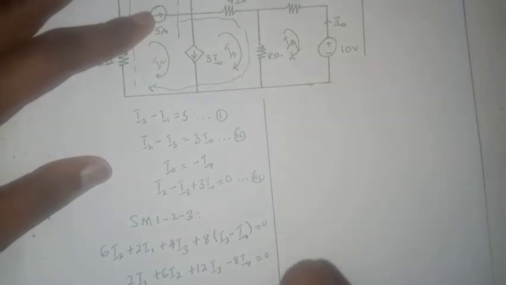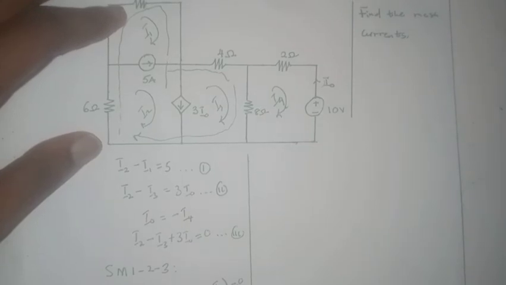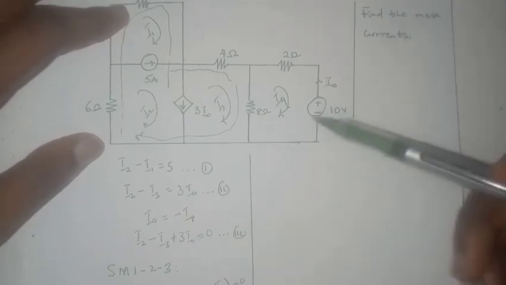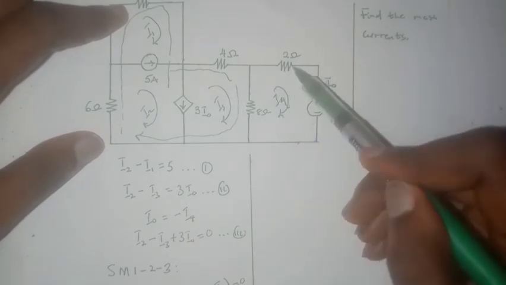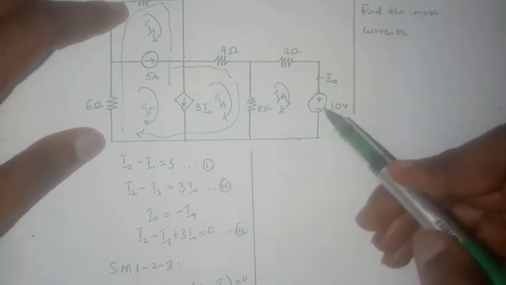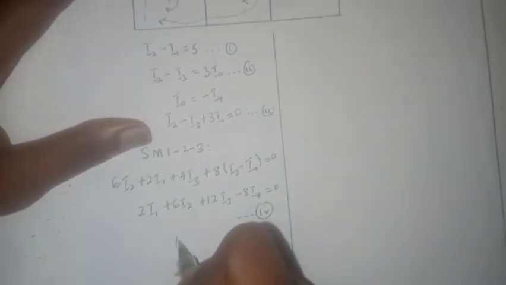We can call this a fourth equation. So we need one more equation from this mesh in order to be able to find the values of our mesh currents. If we write the equation in this mesh, we'd have 2I4 plus 10 plus 8I4. Let's call that M4, mesh 4.